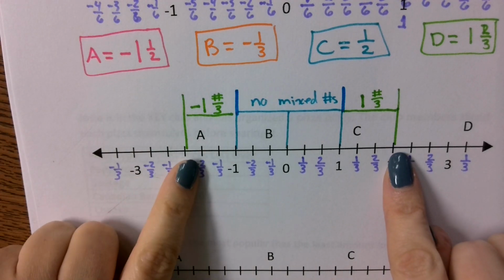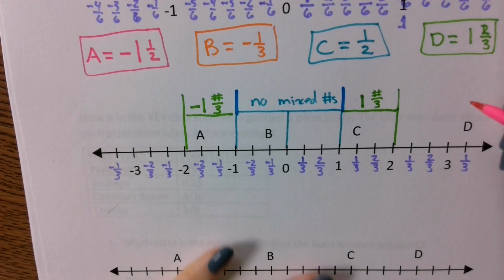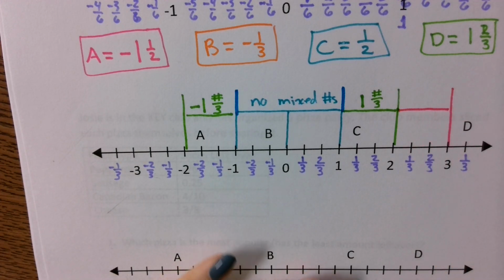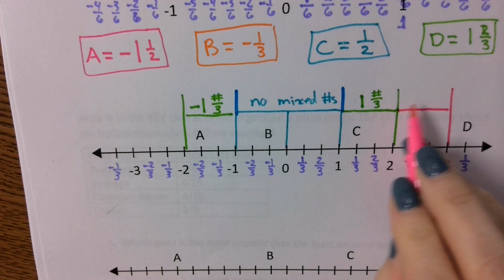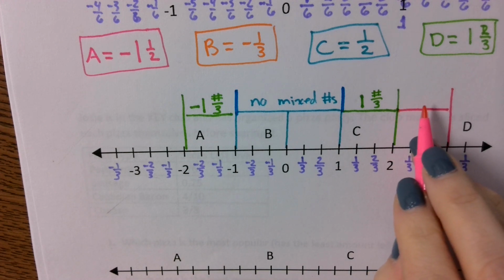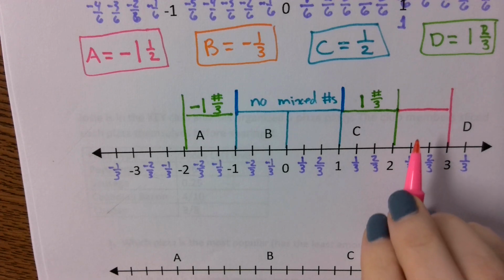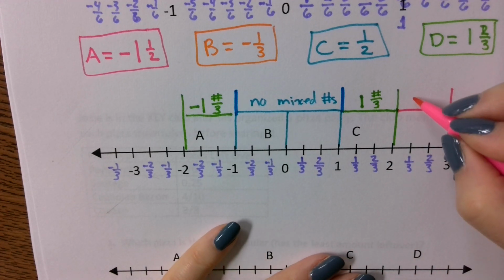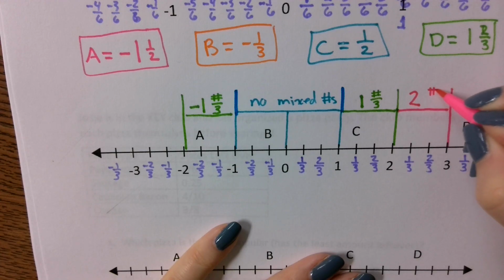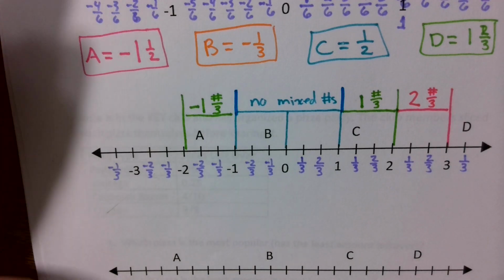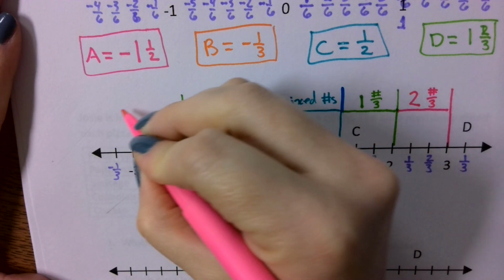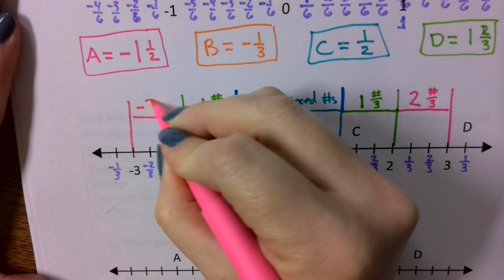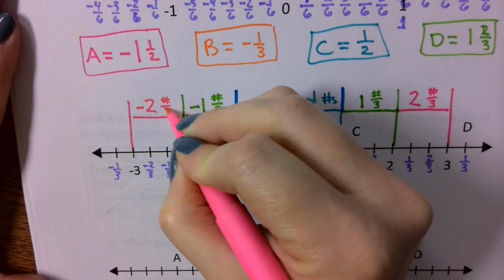Okay, anything beyond the 2, when we go from 2 up to the 3, that's going to now have what whole number? What whole number is this mixed number going to have now? Not a 3, a 2. If we're moving past the 2, but we're before the 3, it's going to have a whole number of a 2, and then some fraction over 3. Same thing in the reverse. From -2 all the way up till we get to -3, these are going to have -2 and some fraction over 3.